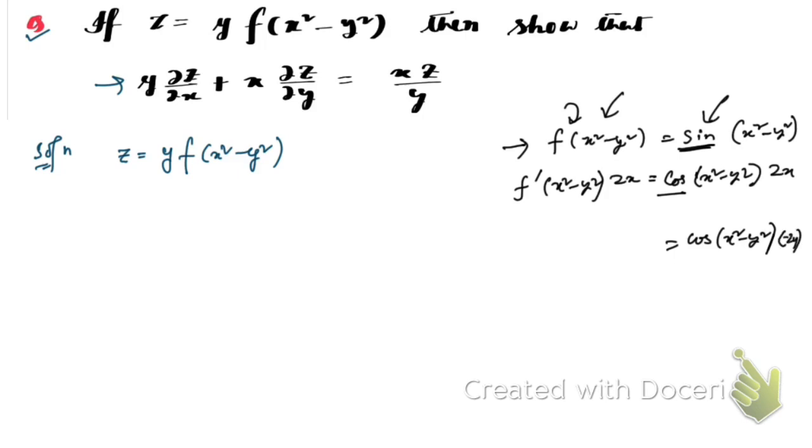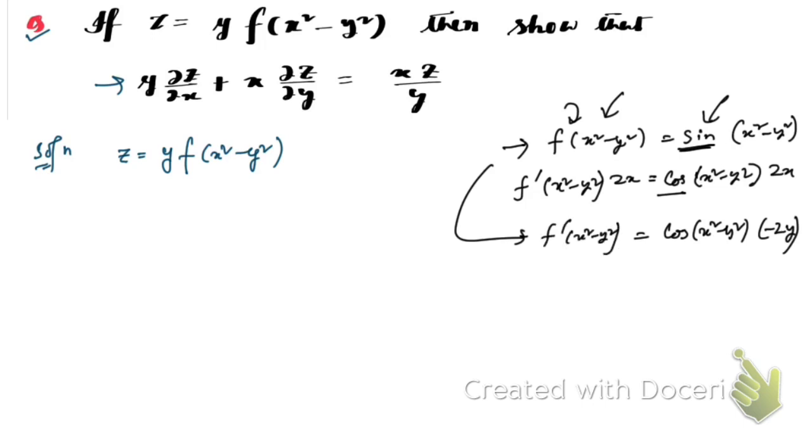So cos of x square minus y square and minus 2y, that's what we're going to have. That means if we differentiate with respect to y, then f dash of x square minus y square, and again we're going to have minus 2 into y. Hope you have understood this, minus 2y, that's what we're going to have.